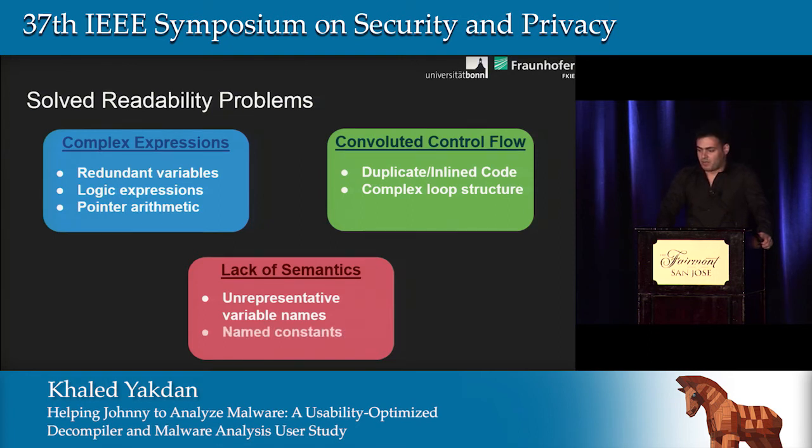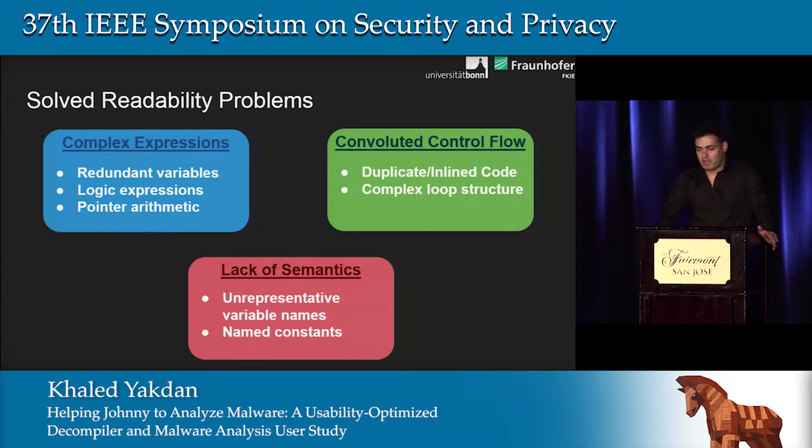We did the same for named constants. We have some library functions where some constants have a special meaning, and in the source code they have a textual representation revealing their purpose. But when the code is compiled, you only have the value, and as an analyst, you have to look this value up to understand what it means when you analyze the decompiled code. So we also handled named constants.